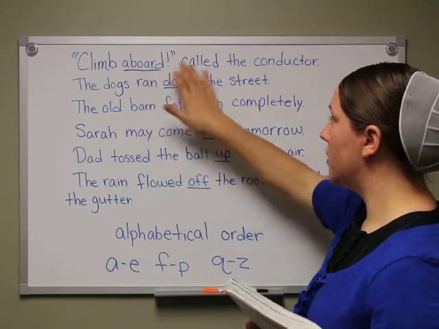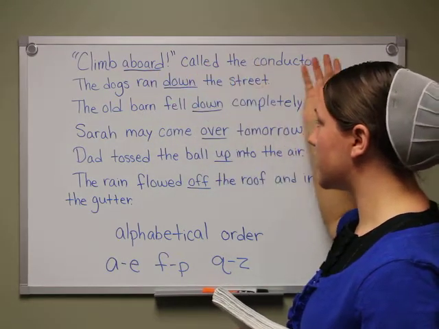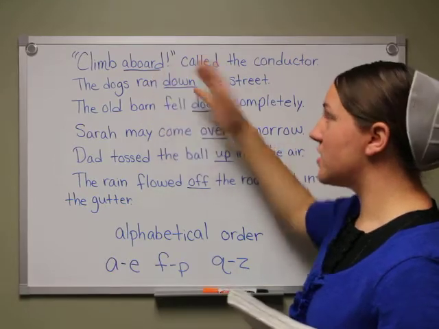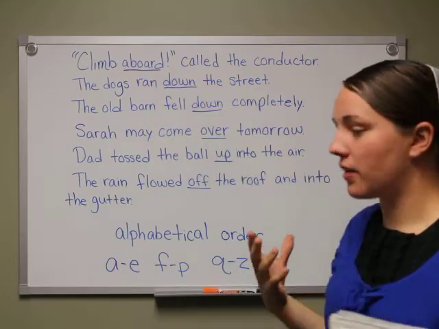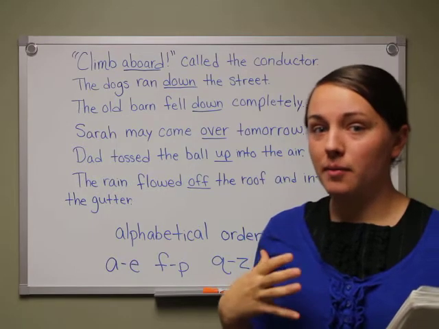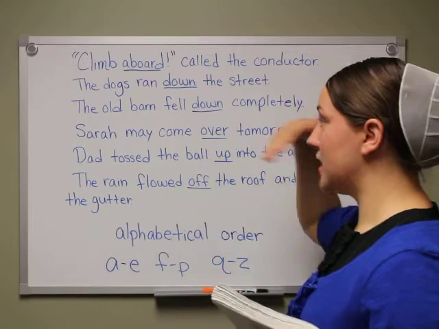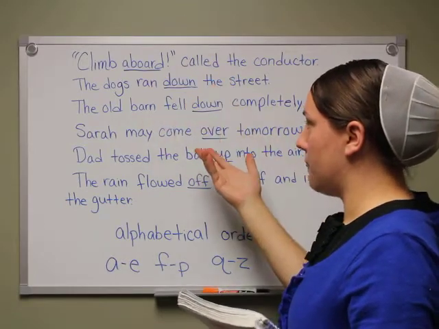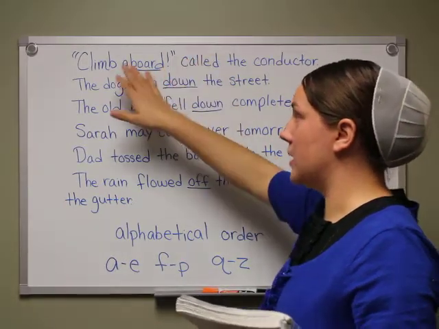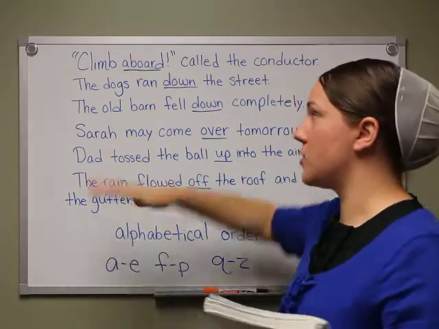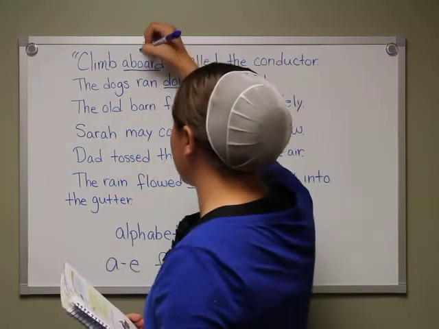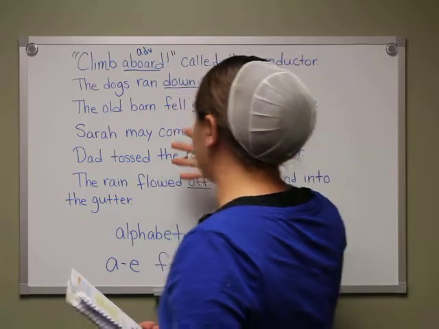Aboard called the conductor, there's not a noun or pronoun right after it. So that means it's probably an adverb telling where or when. Now, is aboard telling where, or is aboard telling when? And it's saying where. It's saying where they should climb. Okay, so here, aboard is an adverb.